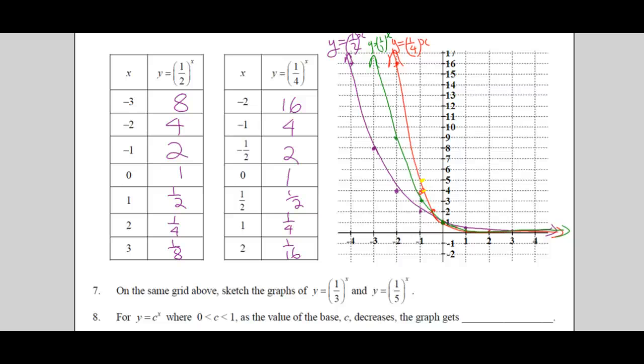Okay, wait. So -1 gives us 5. -2 gives us 25. So it's going to climb up faster here, and it's going to fall lower here. Okay, so y is equal to 1/5 to the x.